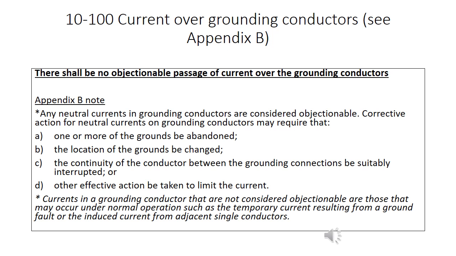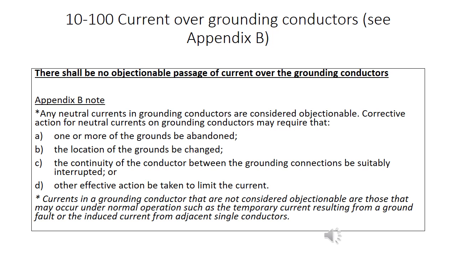Corrective action for neutral current on grounding conductors may require that A. One or more of the grounds be abandoned, B. The location of the grounds be changed, C. The continuity of the conductor between the grounding connection be suitably interrupted, or D. Other effective actions to be taken to limit the current.